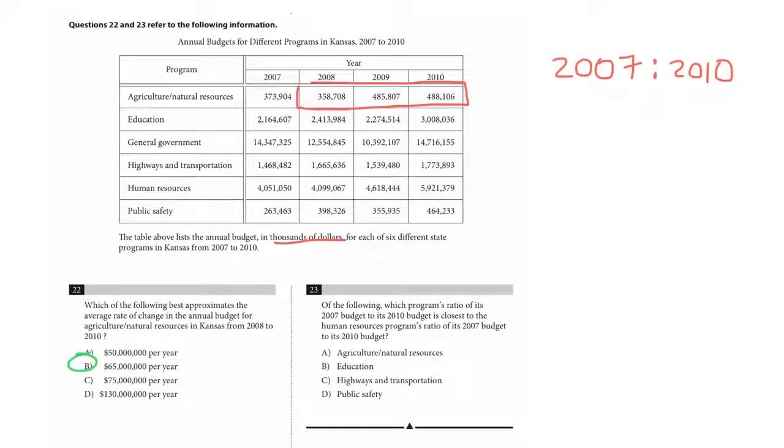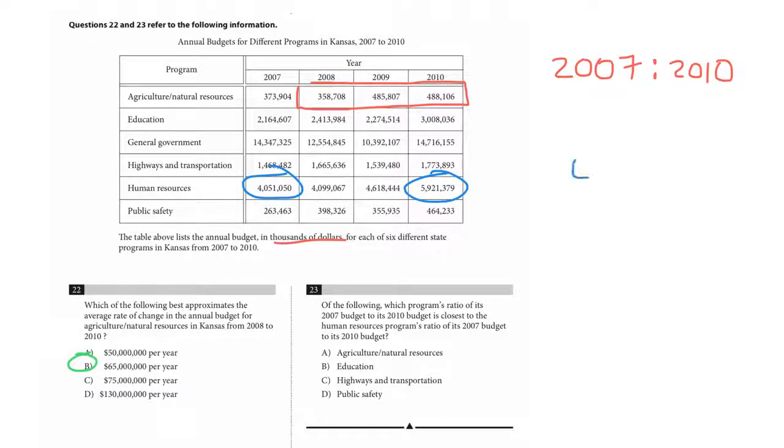So first let's figure out, what is the human resources program's ratio of its 2007 to its 2010? Well, human resources is right here, 2007's right there, and there's 2010. So it's going to be like 4 million, even though it's thousands, we're just going to treat it like million. It's like 4 million to basically 6 million, right? Wouldn't that round up to 6 million?